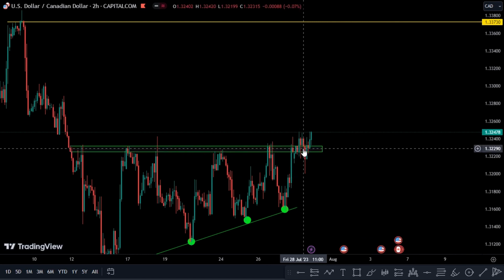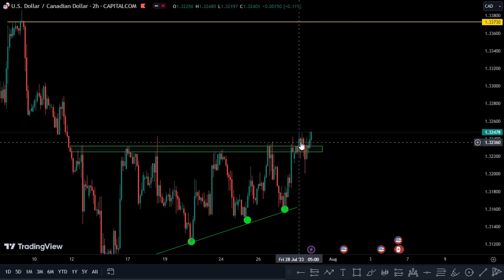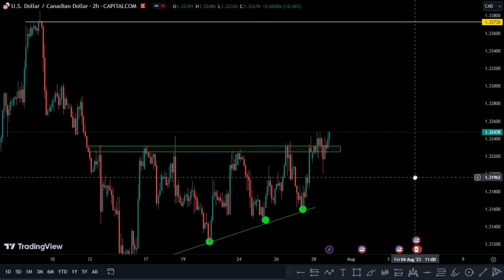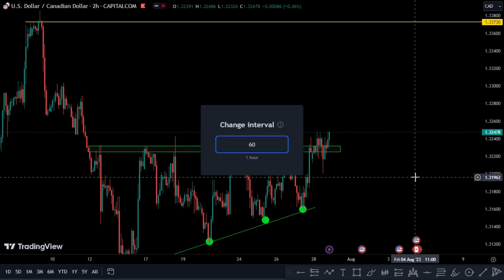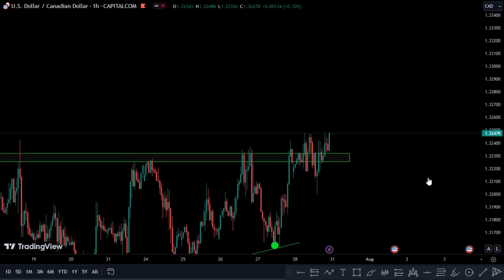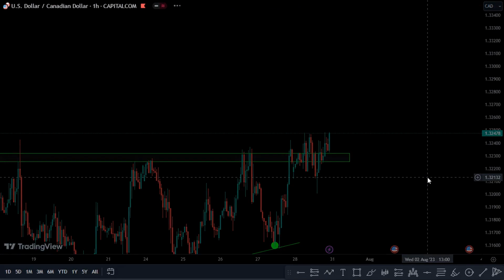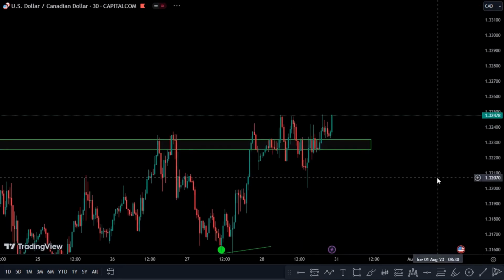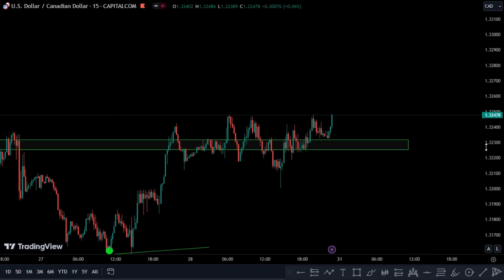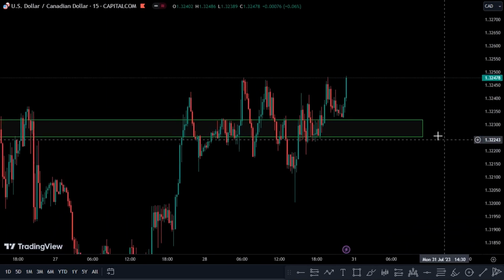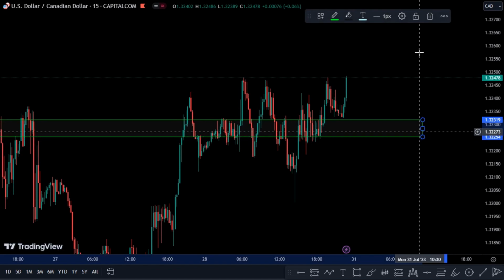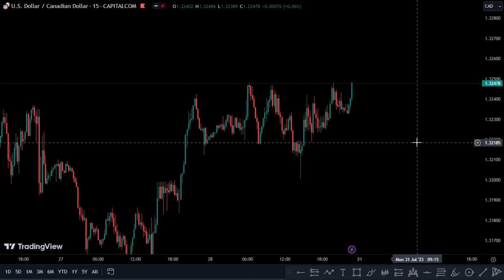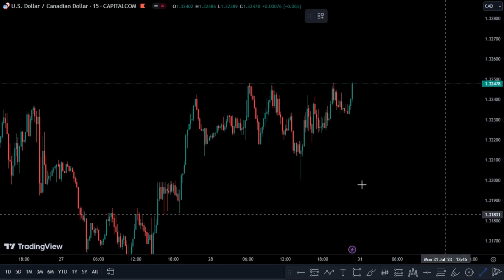And then after we've waited patiently, we have seen this consolidation here, and then indeed the market started gaining momentum towards the upside. Okay, and then at this point we're switching to smaller time frames to see what more we can see. I just transitioned to my 15-minute time frame, which is one of the time frames where I like to take my entries, the 15-minute and 30-minute time frames.